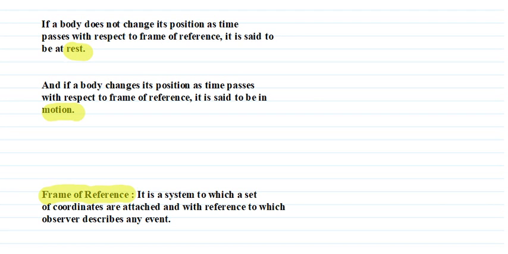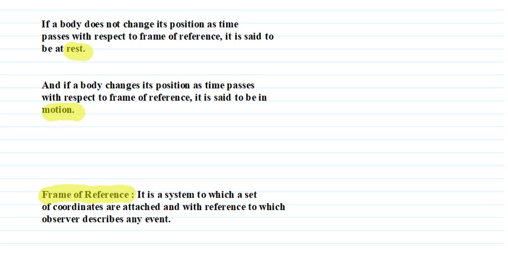So the question arises, what is a frame of reference? The frame of reference describes the nature of the state of any object. It gives the quantitative description of the state of any object, whether it is moving or not.